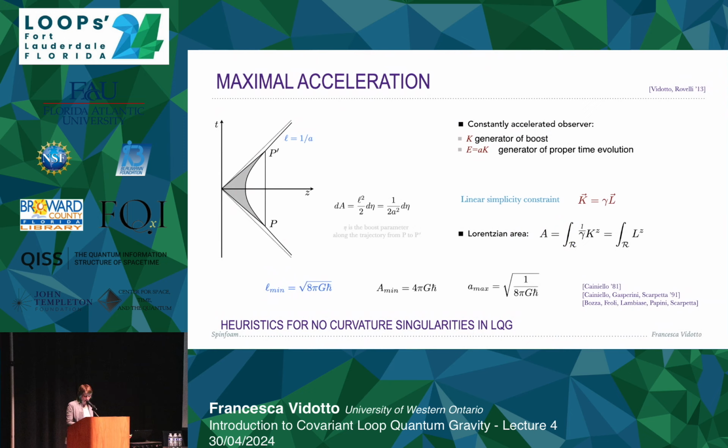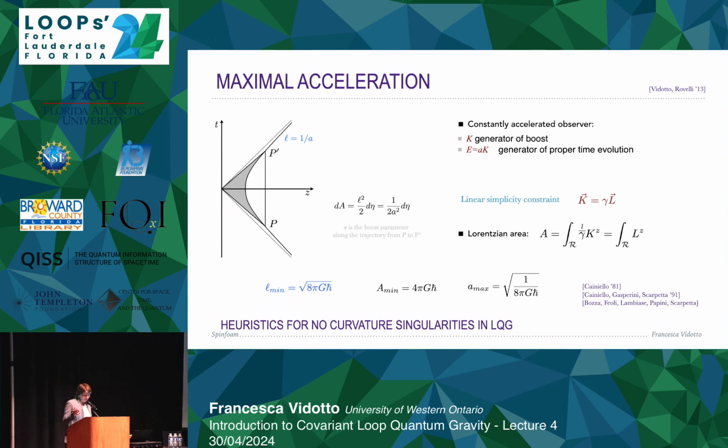And so K, we saw in our theory, is the generator of the boost, and then AK is the generator of proper time evolution. So in this sense, we have a Hamiltonian associated with this.